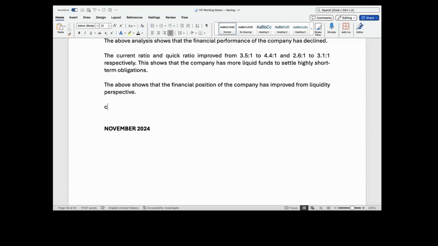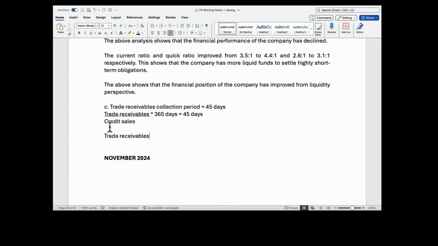So the equation is such that trade receivables collection period equals 45 days, in the sense that our trade receivables over credit sales multiplied by 365 days equals 45 days.